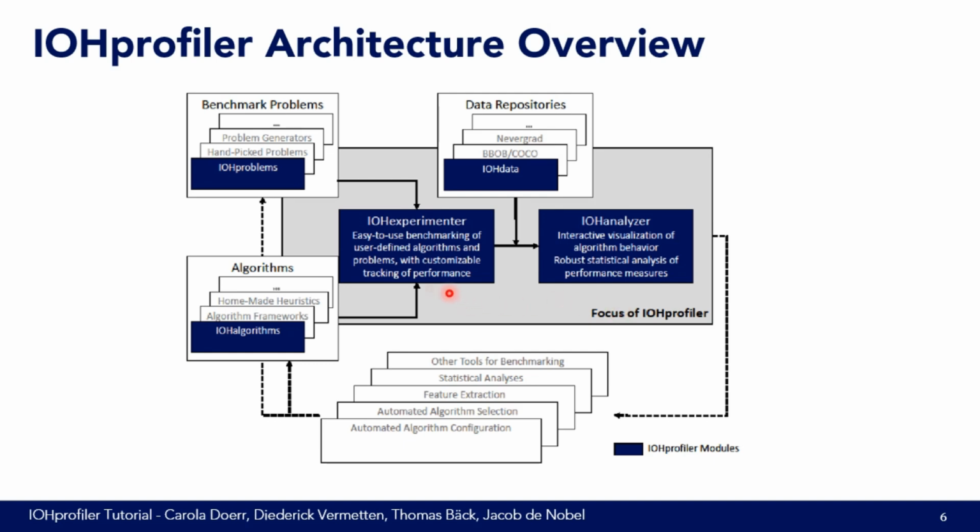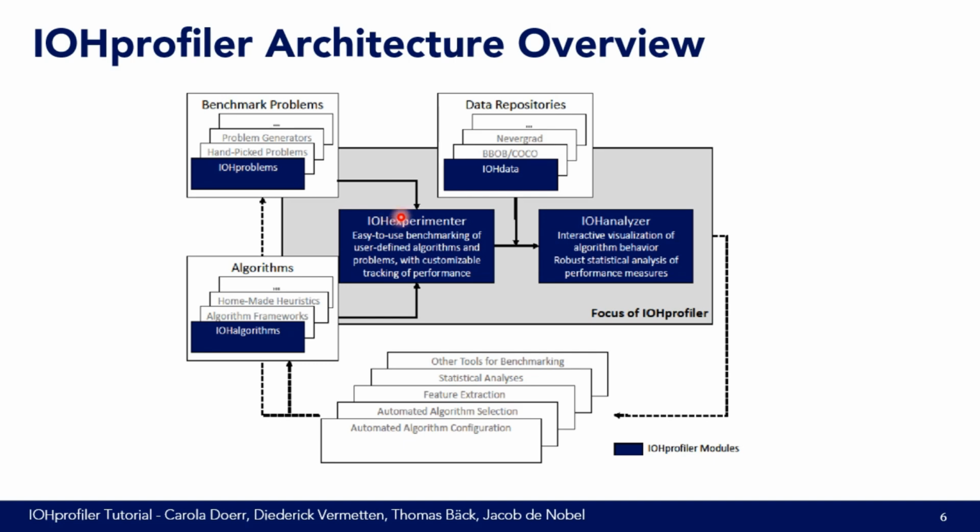We have the IOH experimenter, which is the thing that basically adds the data logging and the common interfaces for problems and allows algorithms to work with it. So it's really the down in the dirt benchmarking environment where you do your experiments.